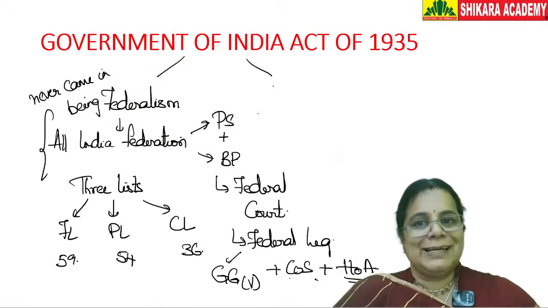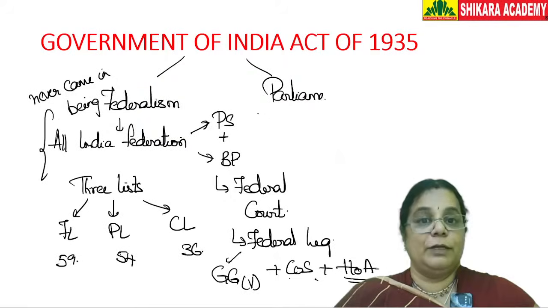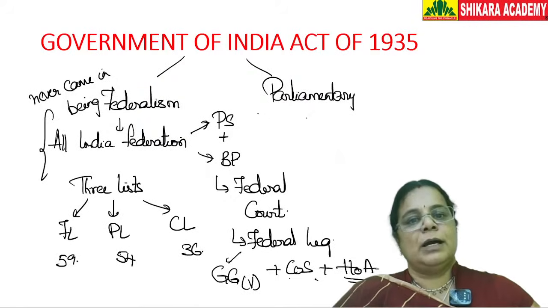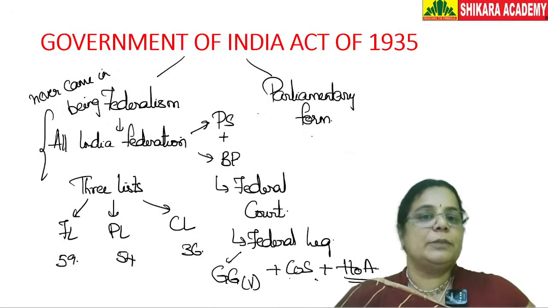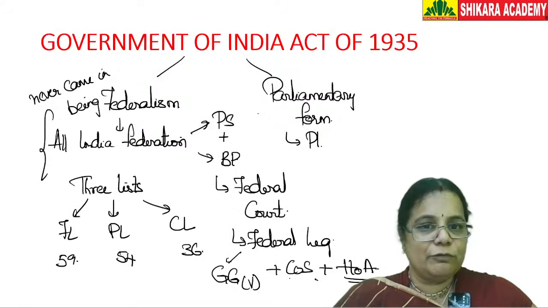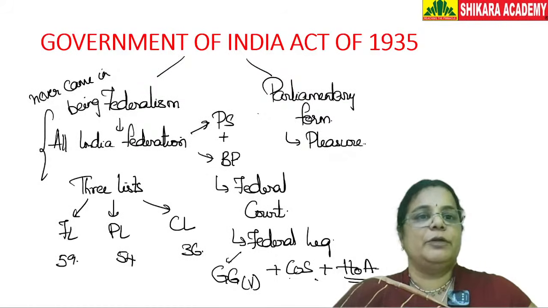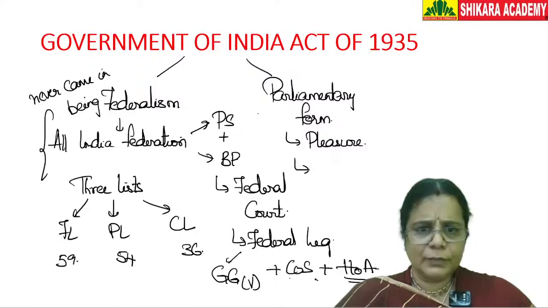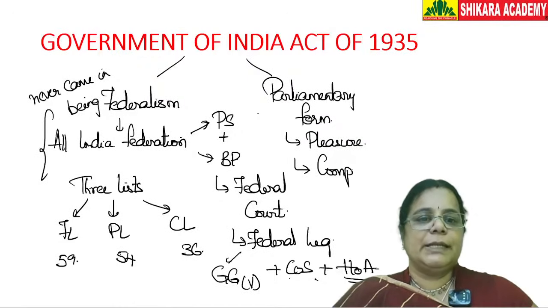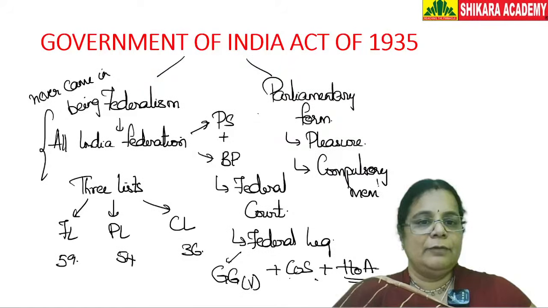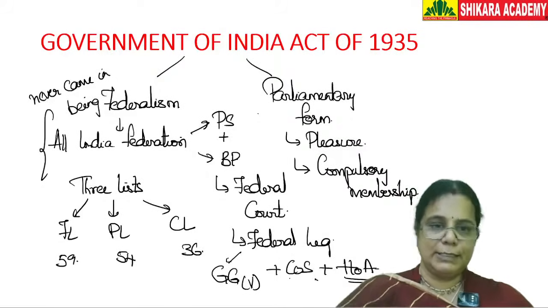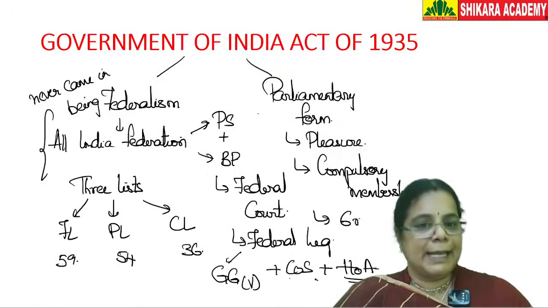Now, apart from this, it also made provisions related to parliamentary form of government. What provisions? Today, we know that the ministers hold office individually during the pleasure of the president. So, this idea of pleasure was introduced in the Government of India Act 1935. Likewise, compulsory membership of ministers in the legislature was also provided for. 6 months gap.